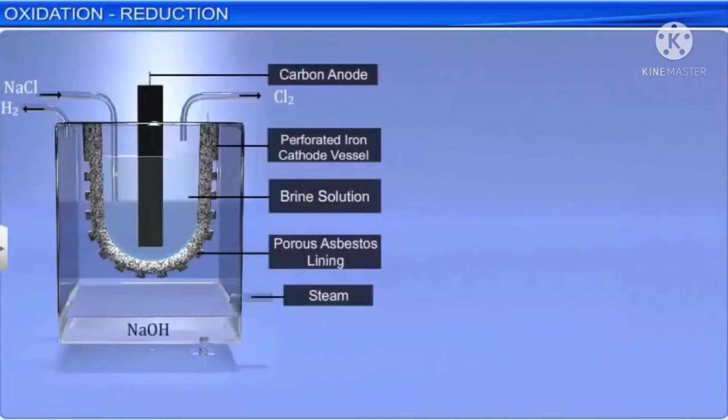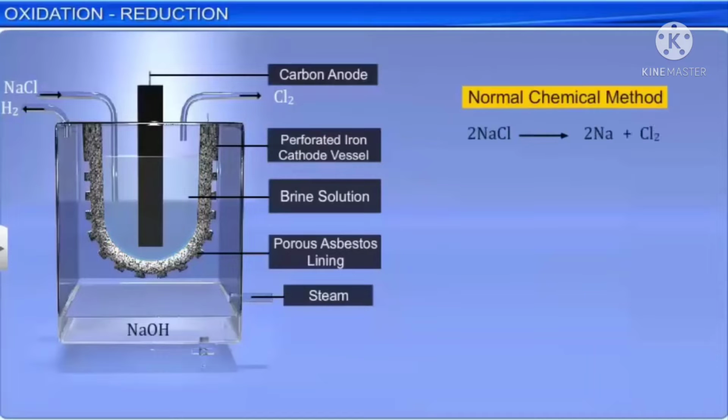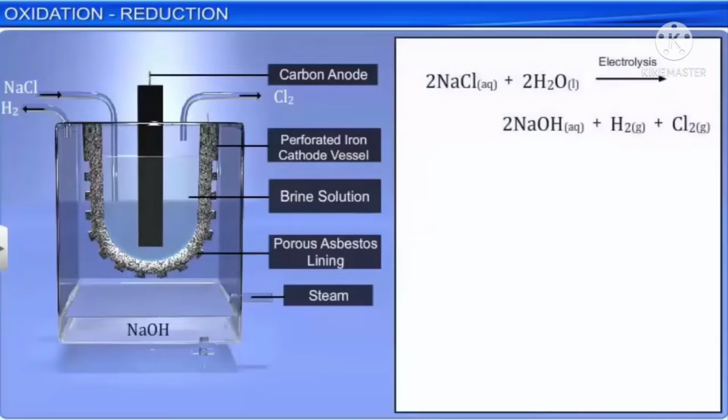For example, chlorine is isolated by oxidizing brine solution. Since oxidation cannot be carried out by normal chemical methods, chlorine is extracted by electrolysis. The chemical reaction corresponding to the electrolysis is shown here.